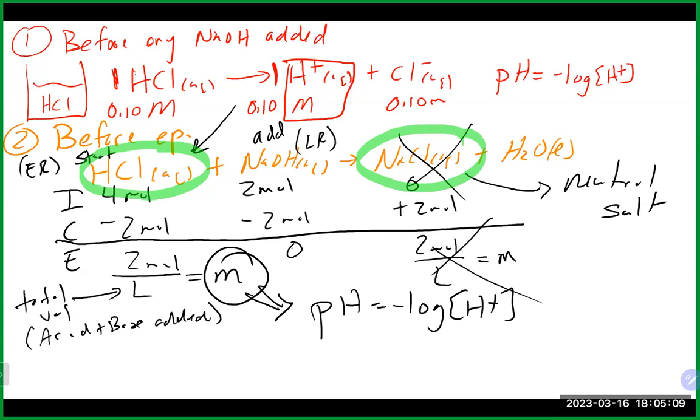The whole purpose of that ice table is to figure out the new concentration of your strong acid, because you should still have your strong acid all the way through from the first drop to right before your equivalence point, because it is the excess reagent throughout that period of the titration. So ice table in moles, convert it back to molarity, and go into the pH equation. You'll be in good shape. Any questions on that?